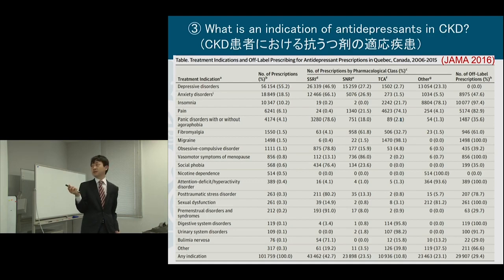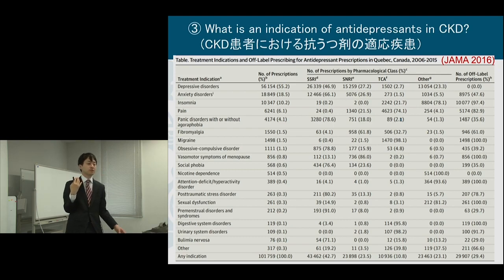In the case of antidepressants, this Quebec, Canada study suggested that antidepressants were prescribed only for 55% for depression, followed by anxiety for 18%, and insomnia or sleeping problems for 10%, and pain at 6%, and many other indications. And in the case of antibiotics, antibiotics may be prescribed for pneumonia or UTI or other infections.